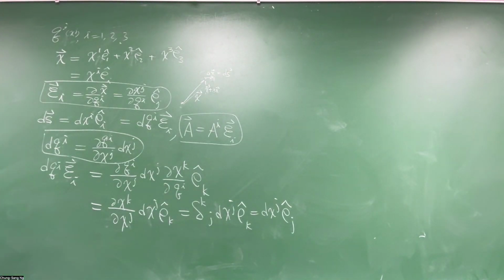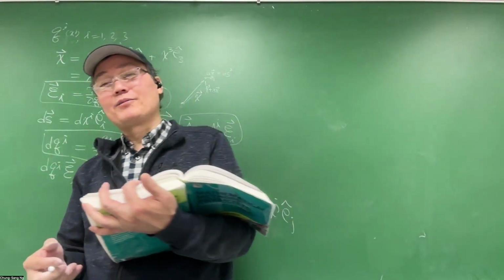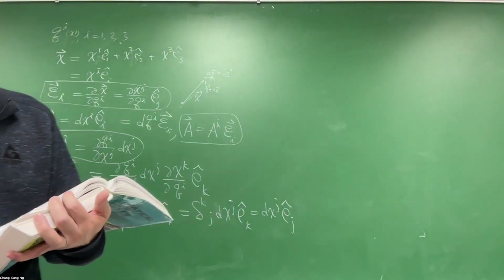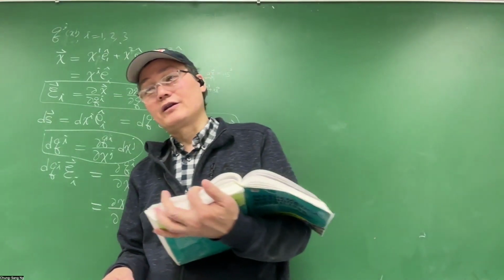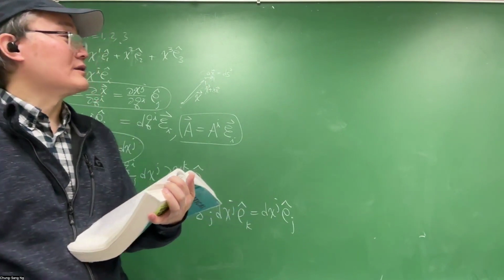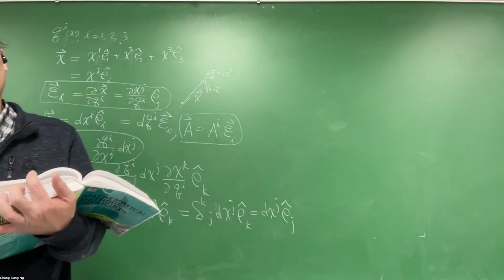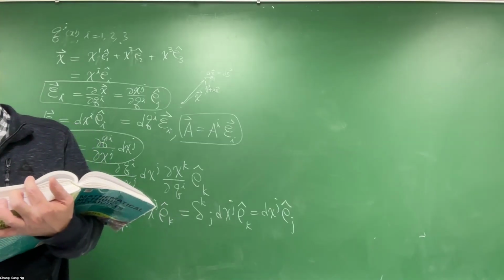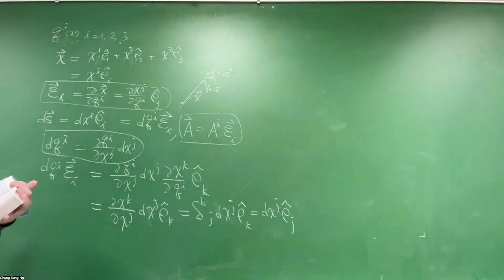That is a little misleading, because the square is usually positive, but later on, when we discuss special or general relativity, ds squared can be negative. It depends on whether it is space-like or time-like, and on what convention you use to define it.